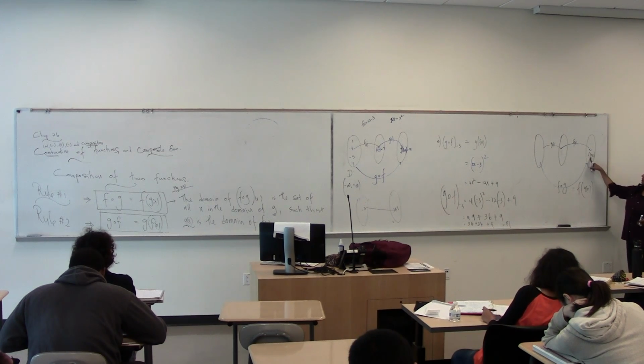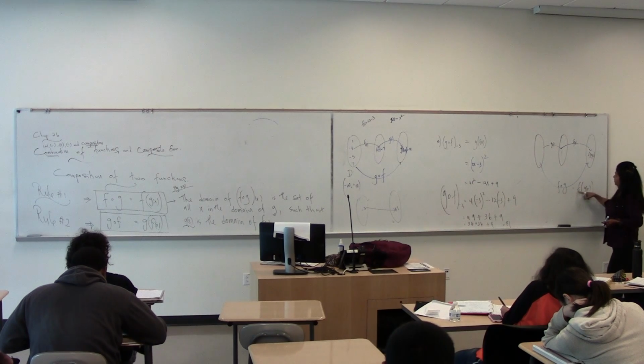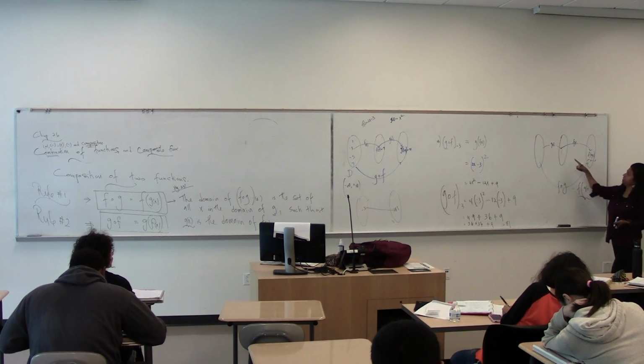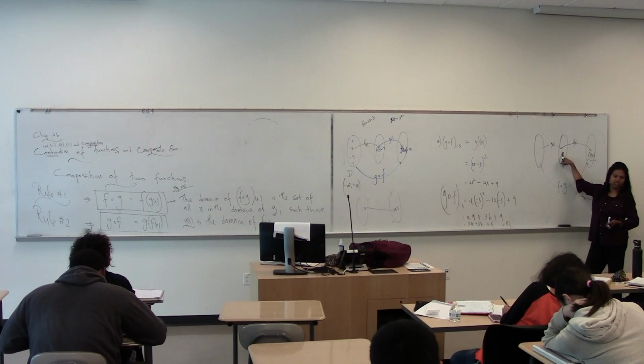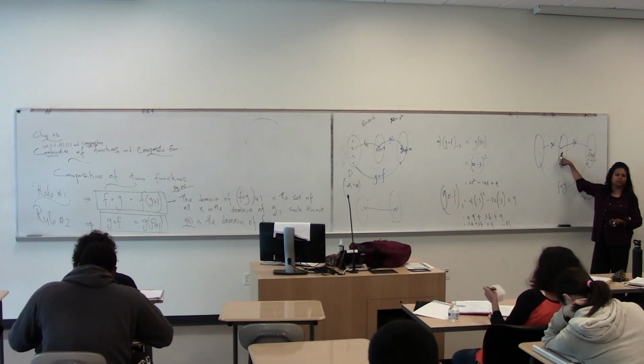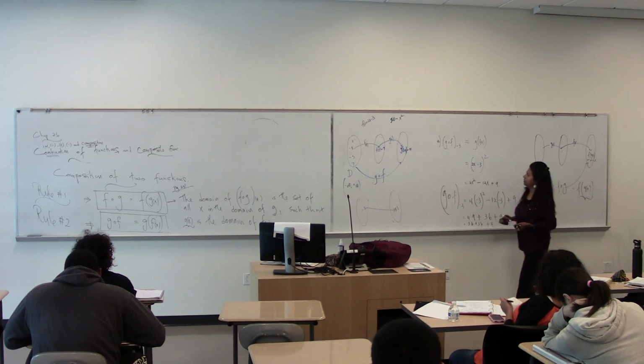So we take the domain here and we apply this rule. This is a function rule. The domain of this rule is whatever the g of x is in here. Okay? Questions, class? Everybody understand? So using the rule.